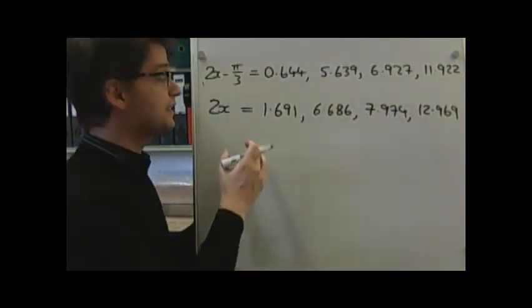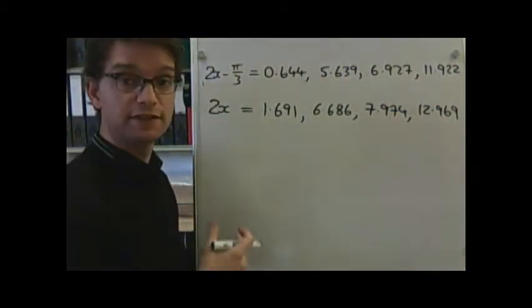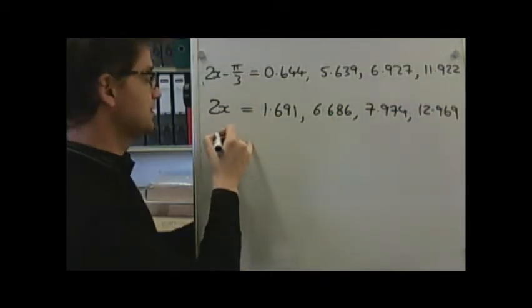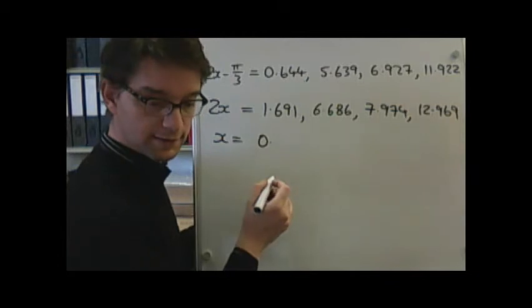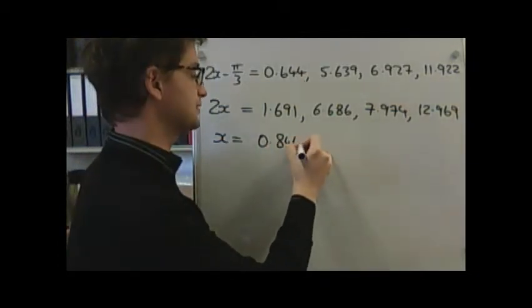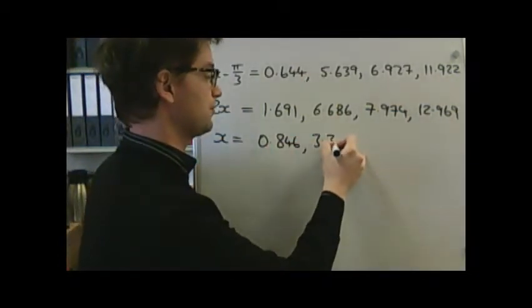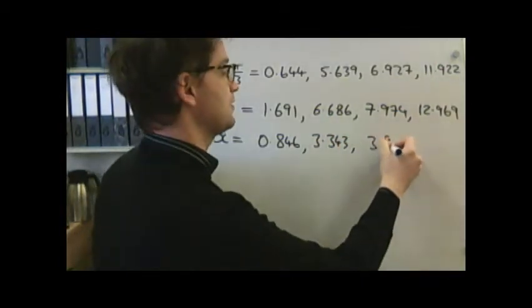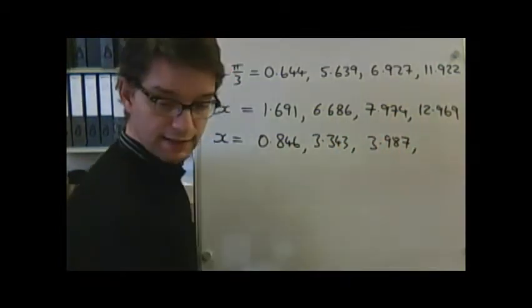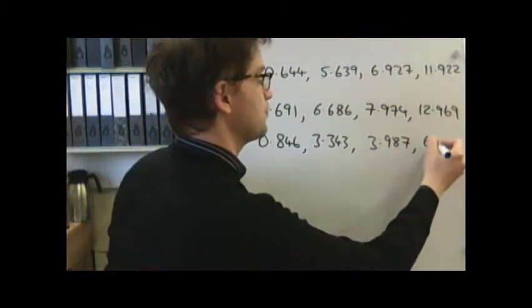So now I've found these values of 2x. I need to turn them into values of x by dividing each of them by 2. So I get 0.846, 3.343, 3.987, and 6.484.